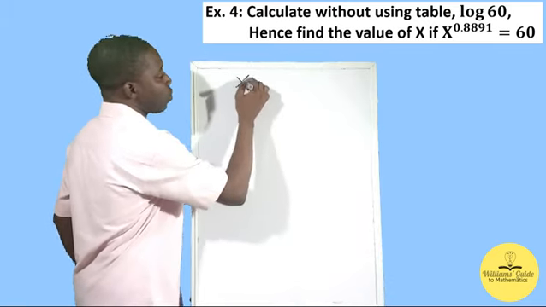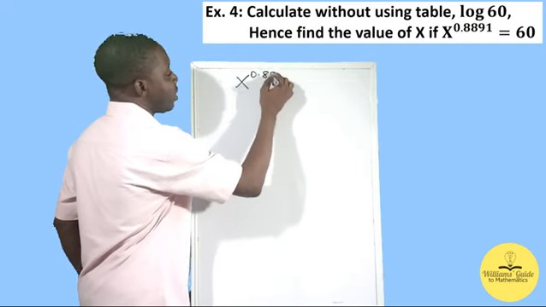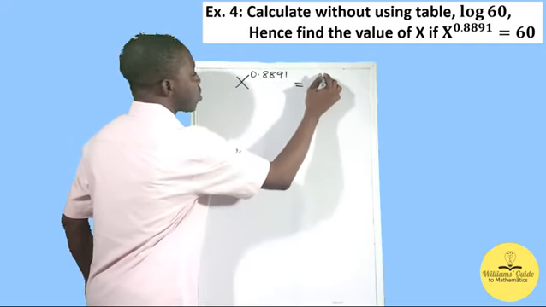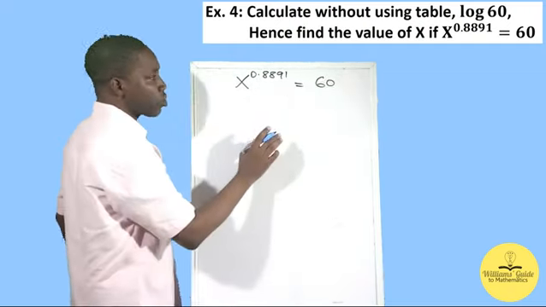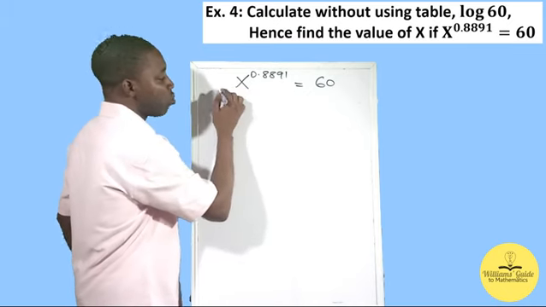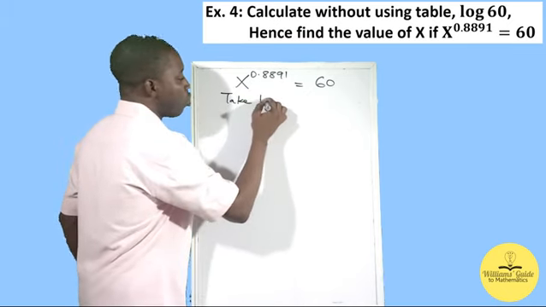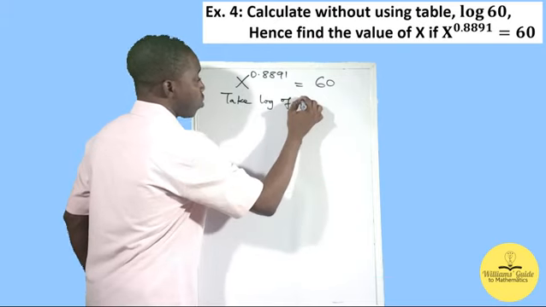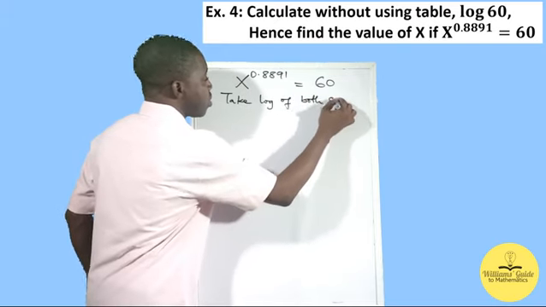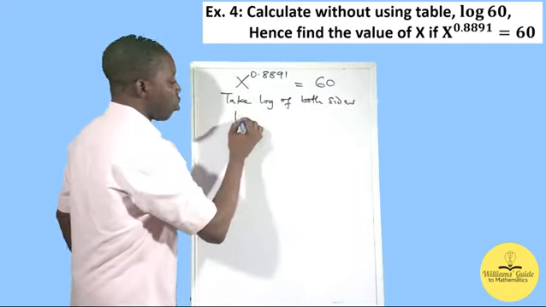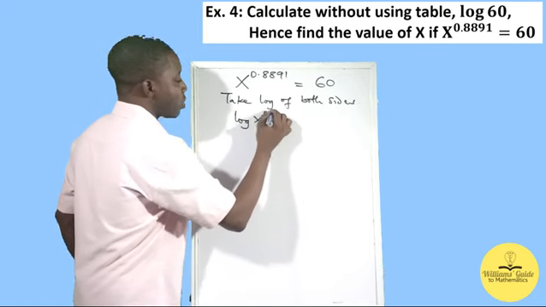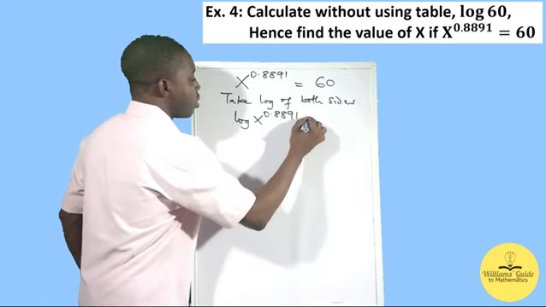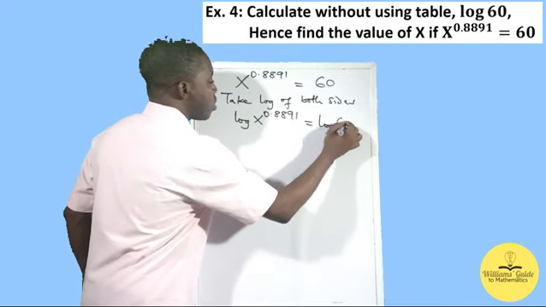In the second part of this example, we have x raised to the power 0.8891 equals 60. When we have a question like this, we take the logarithm of both sides, so that we have log x raised to power 0.8891 is equal to log 60.